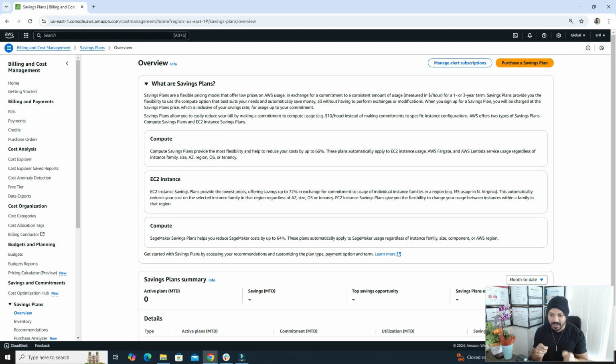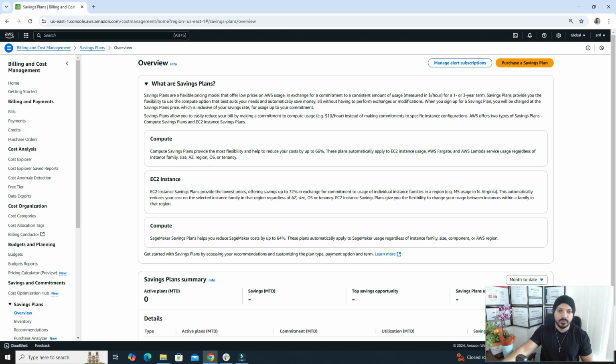But here is the catch: the instance type that we mention when purchasing these plans should match the type that we are currently using, and we also have to finalize the region. So we have to be very specific when using this EC2 instance type. And the third one is SageMaker. If we are heavily using SageMaker for our AI or ML models, then this third option can help us.